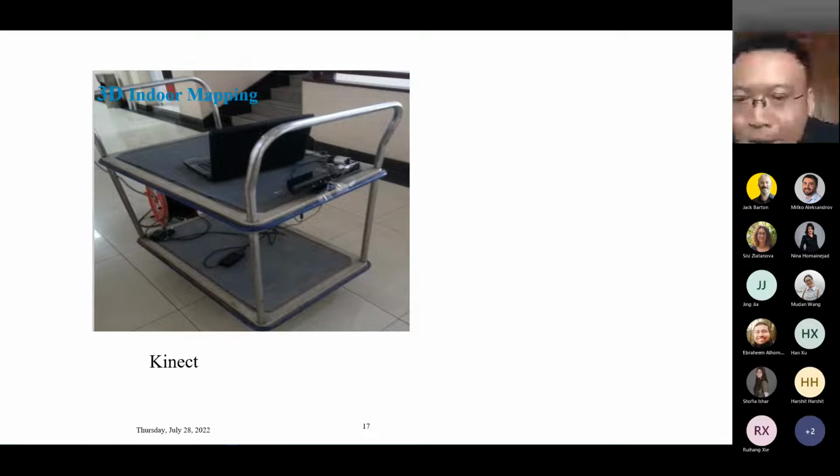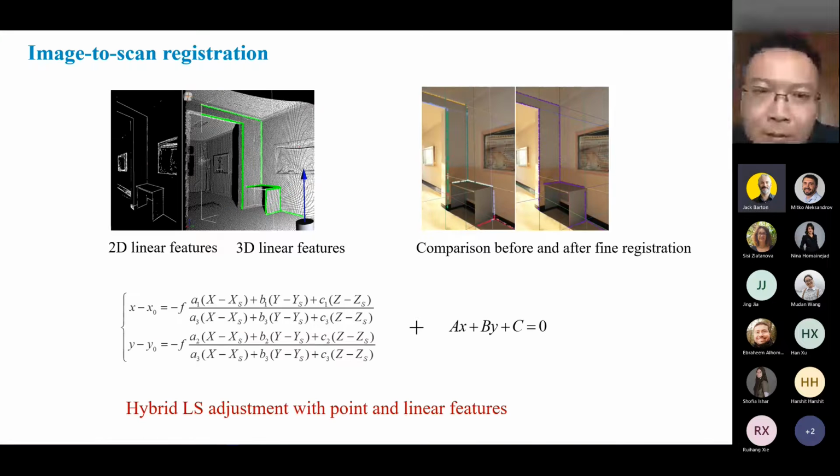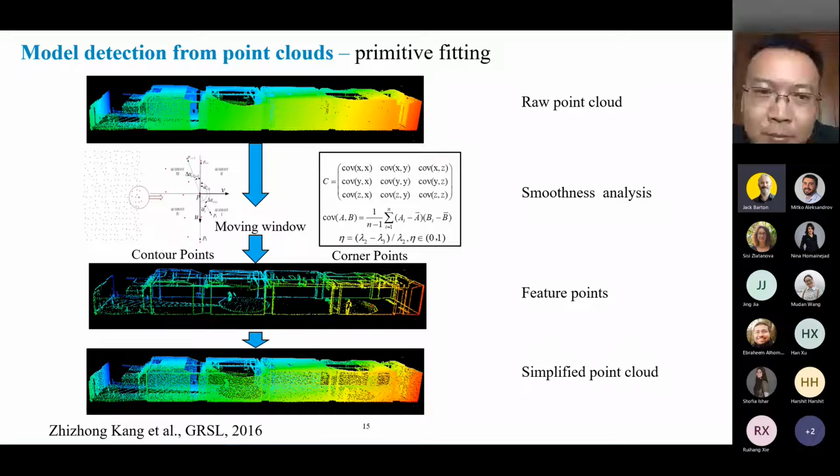There are several pictures on this slide, shown one by one. I think we've got a time delay. If I move back to image to scan registration, now you move to the image to scan registration.